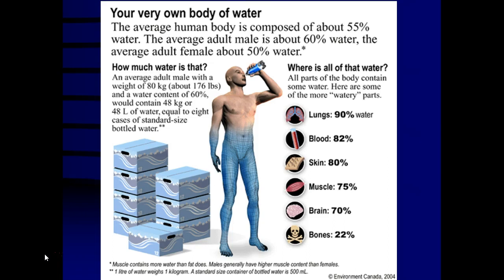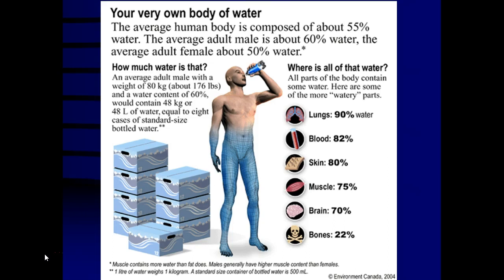It's a fantastic solvent that dissolves things, and it freezes in a very, very strange way that we'll talk a little bit about. If we look at living organisms, we find that we are largely composed of water. In fact, if we look at the average human body, about 55% water.